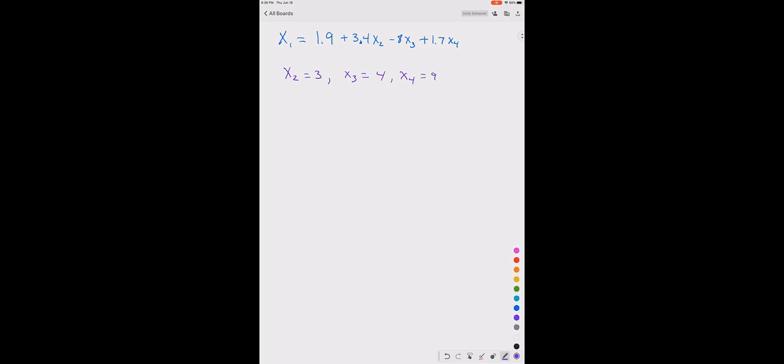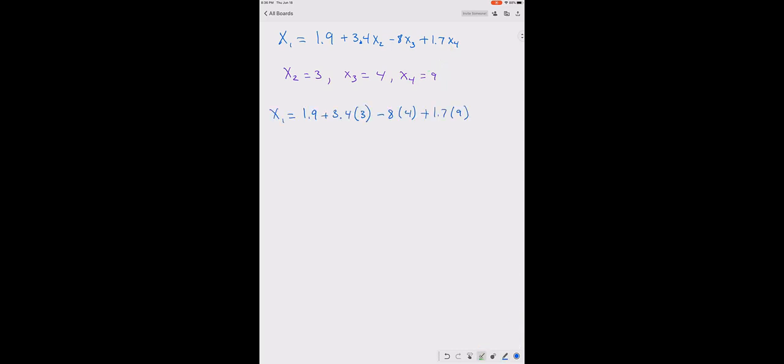So all I have to do is plug in 3 for x2, 4 for x3, and 9 for x4. Let me do that.